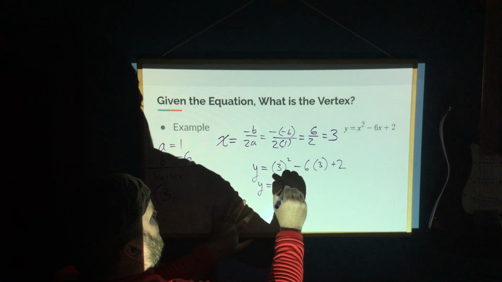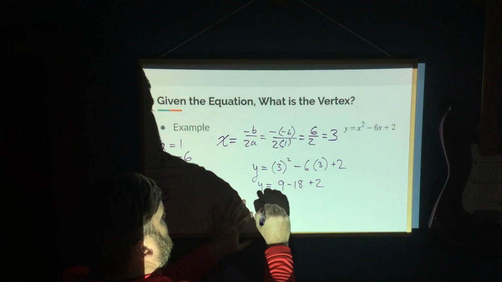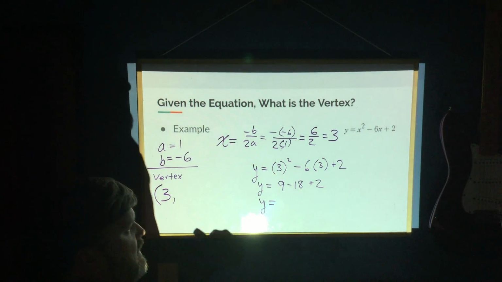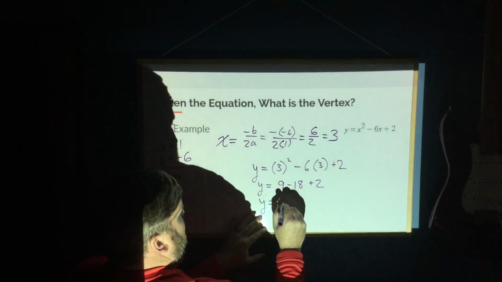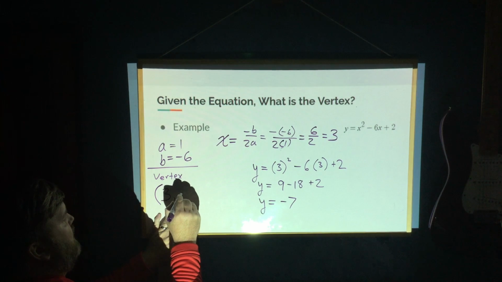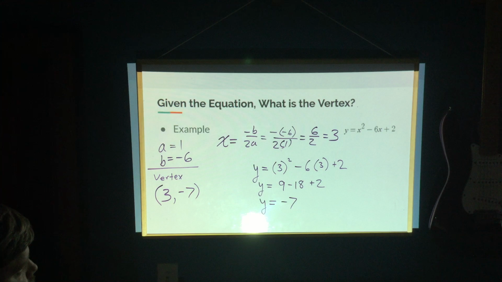Y equals 9 minus 18 plus 2. Y equals 9 minus 18 is negative 9. Negative 9 plus 2 is negative 7. So the vertex will be at 3, negative 7.